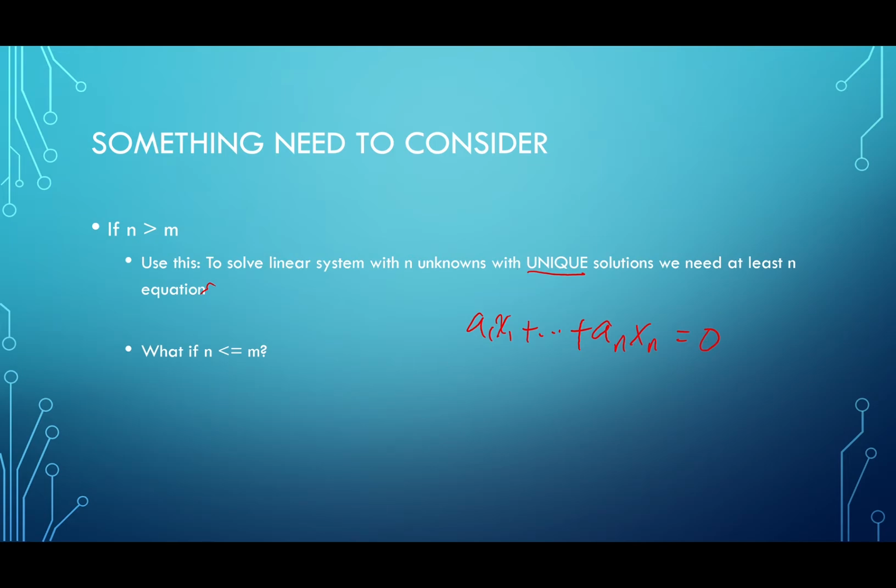I just want to relate this to our linear independence concept. Until we get, maybe I will make it double index for a: a11 x1 plus and so on plus a1n xn, down to am1 x1 plus and so on plus amn xn equals 0.